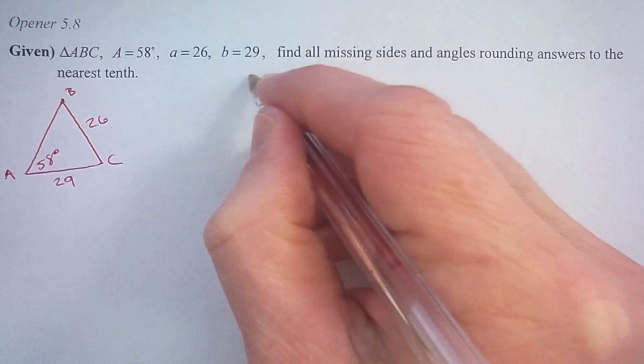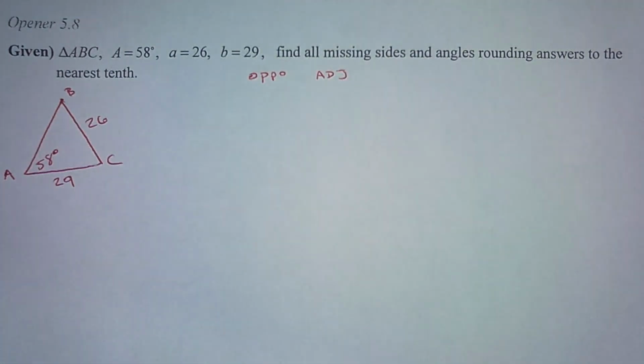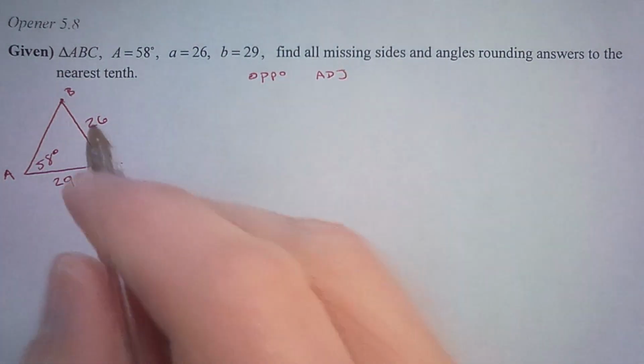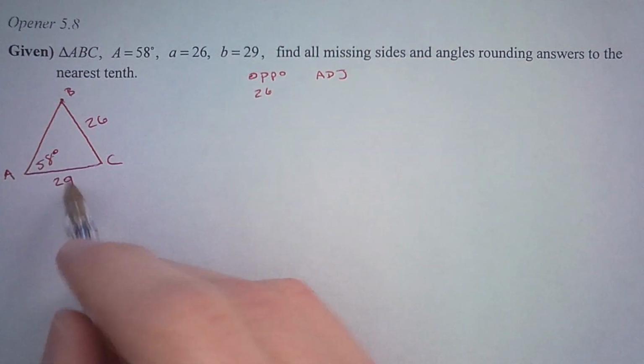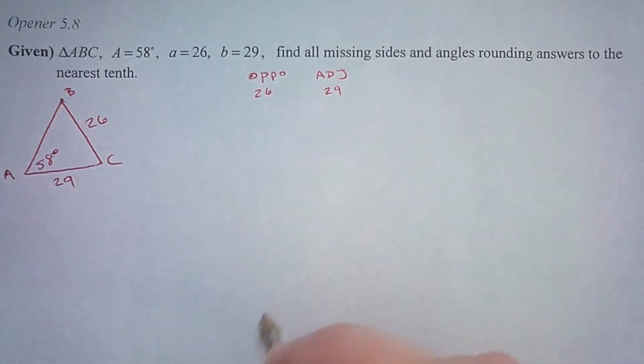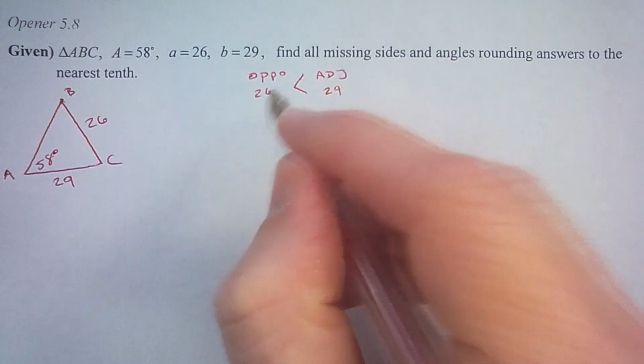So we have to compare opposite to adjacent to find the number of possible solutions. So opposite of 58 degrees is 26, and the adjacent side is 29. Opposite is less than adjacent, which means more possible solutions.